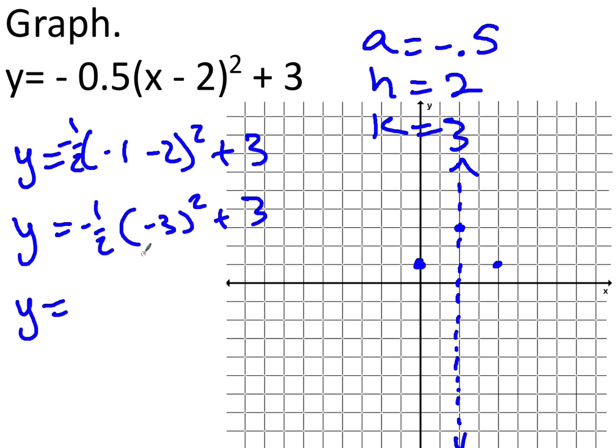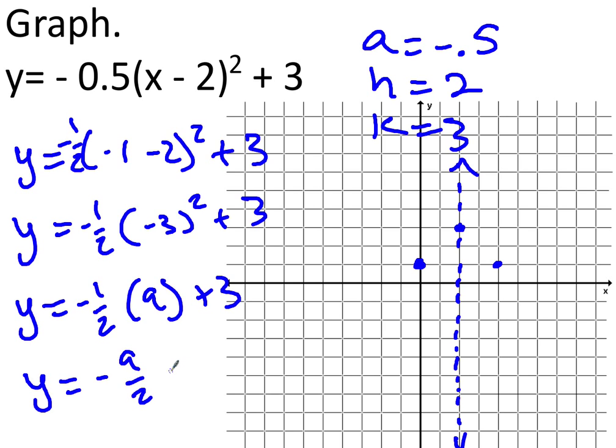Negative 3 squared is negative 3 times negative 3, so it's a positive 9. 9 times negative 1/2 is negative 9 over 2, plus 3. Another way to write this is negative 4.5 plus 3, and that's equal to negative 1.5. So we have the point negative 1, negative 1.5. That's also on the graph.